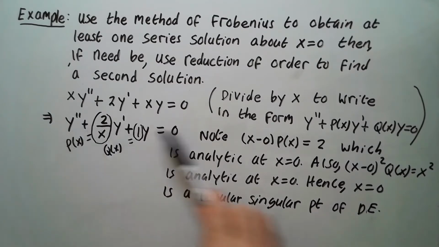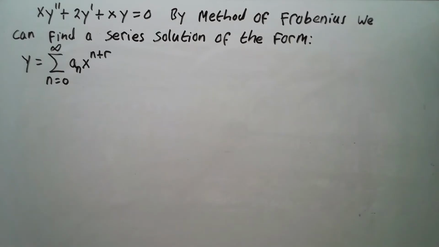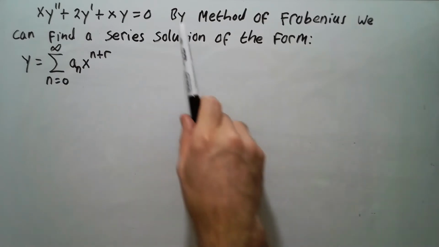I'm going to erase this stuff now, and we'll start to find our series solution. Since we've shown the point x equals 0 is a regular singular point, here's our differential equation.